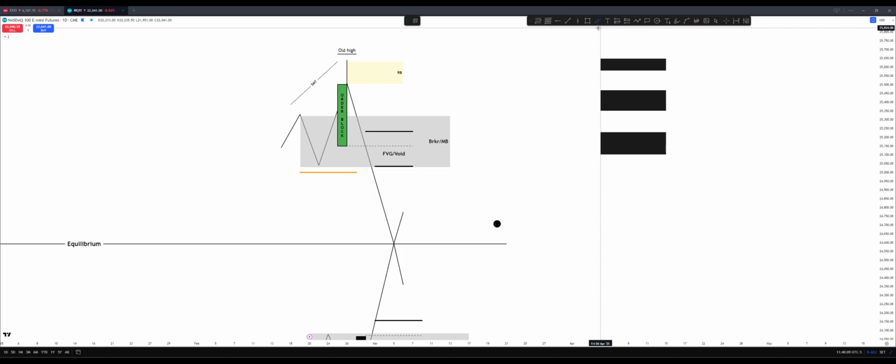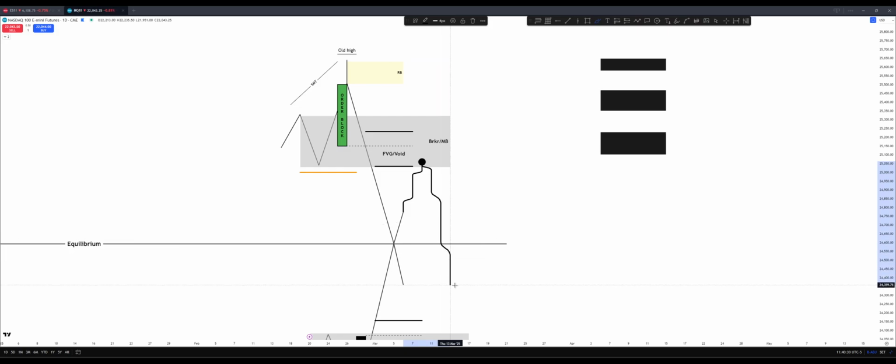It's obligatory for price to come back to one of these PD arrays. So let's say this ball is price. What price can do is come here into the breaker and the void, barely touch it, and then move lower.